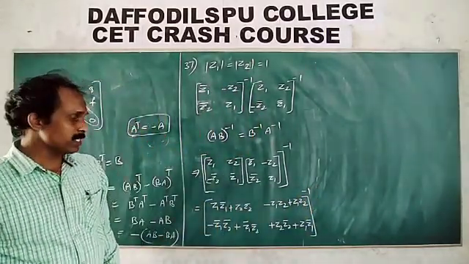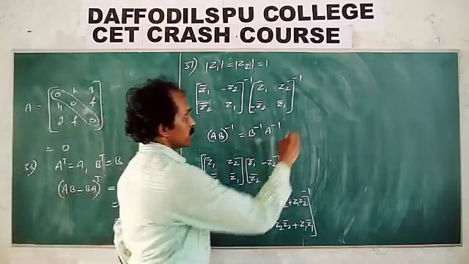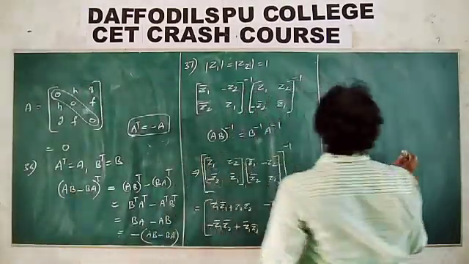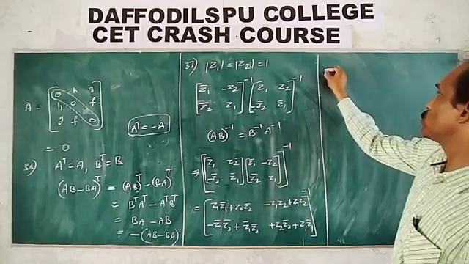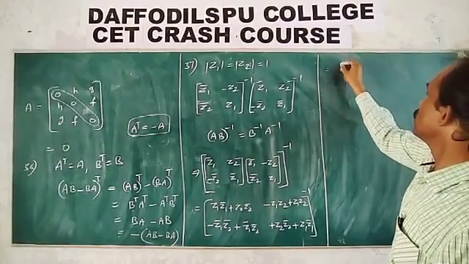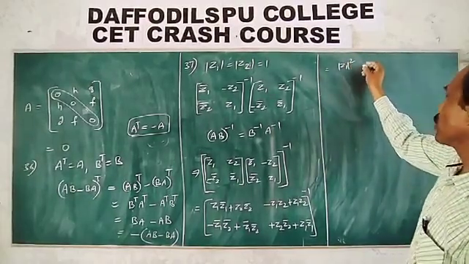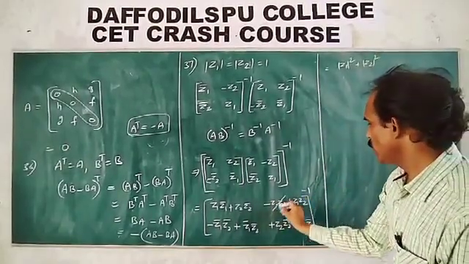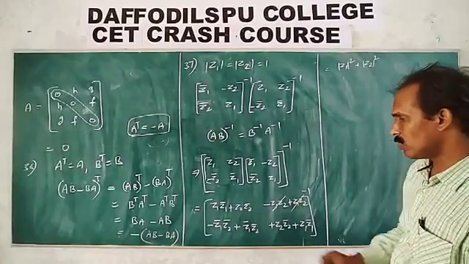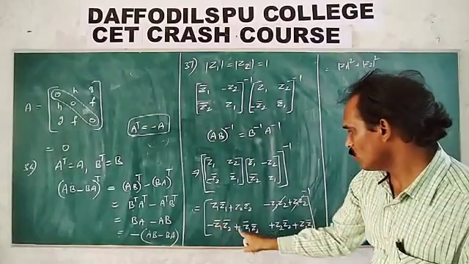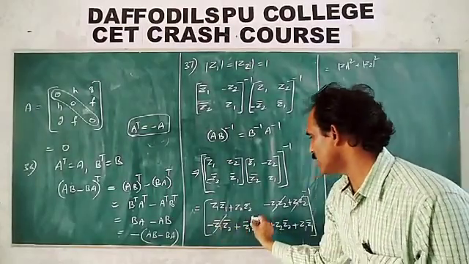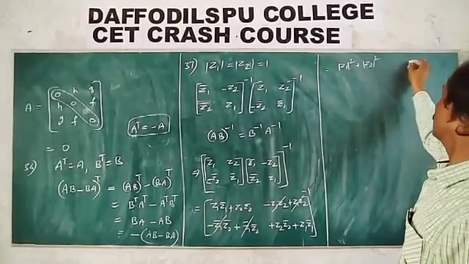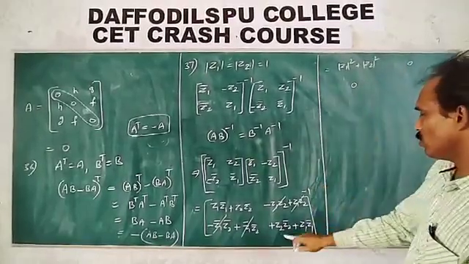Z1 into Z1 bar, by complex number properties, is modulus Z1 square, plus mod Z2 square. The off-diagonal value is 0: minus Z1 Z2 plus Z1 Z2 cancel. So this is 0, this is 0.